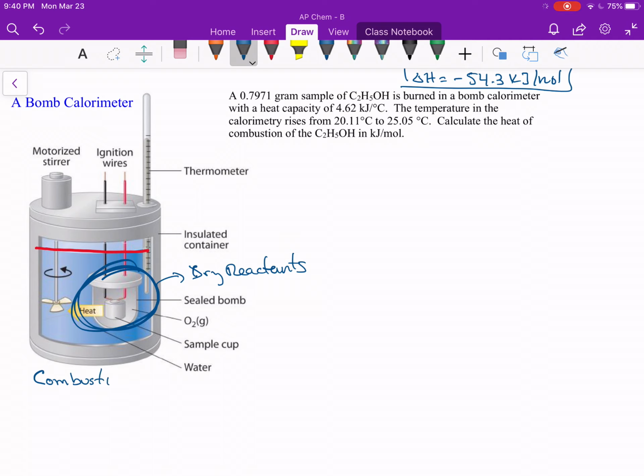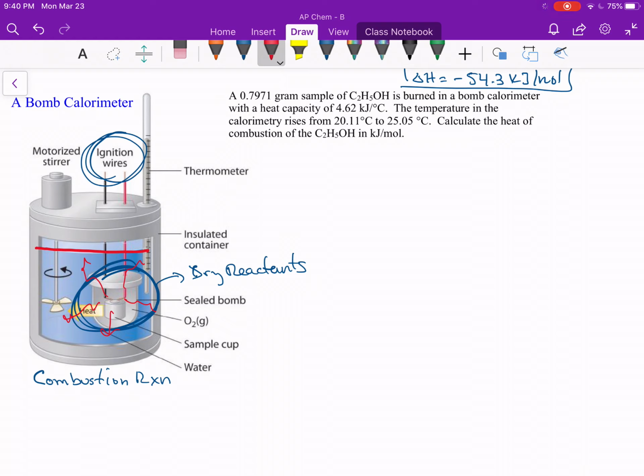It's the most common type of reaction to do in a bomb calorimeter, because you can fill the tank with oxygen and the substance that you want. You have these ignition wires, so you can supply that activation energy and you can get it to go. And since we have a combustion reaction, we know most combustion reactions are exothermic, so that heat comes out here and it just heats up that calorimeter.